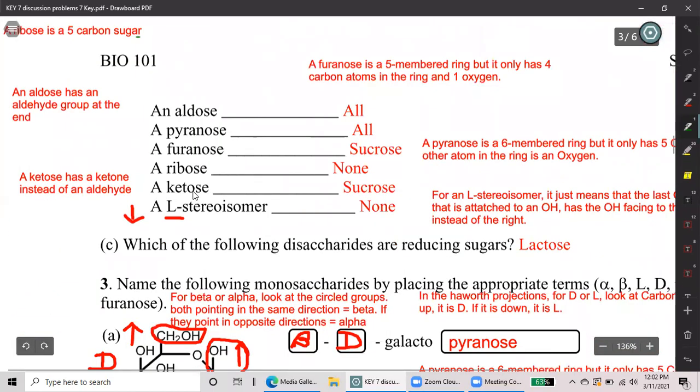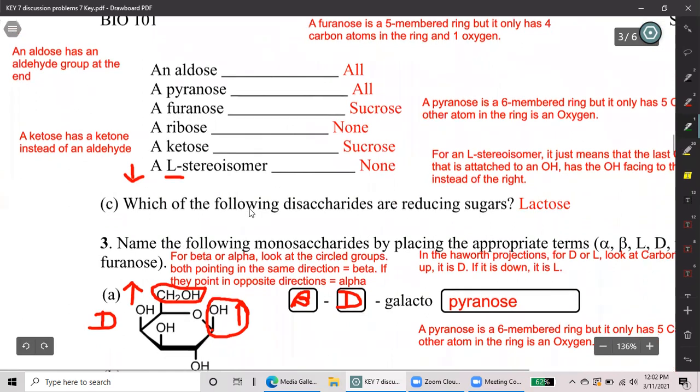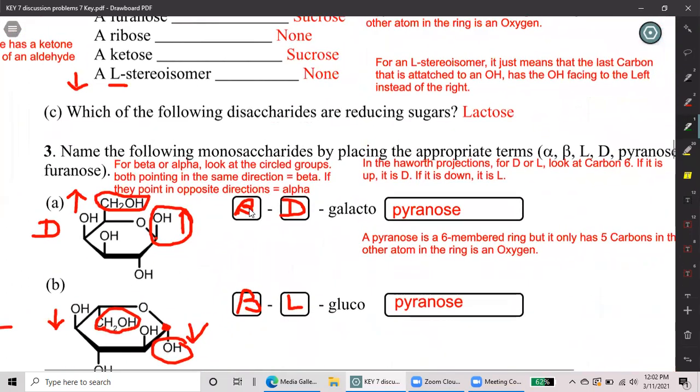Okay, what about a ketose? A ketose has a ketone instead of an aldehyde. L stereoisomer. So we remember how to do L versus D, both in the linear structure and the cyclic structure.